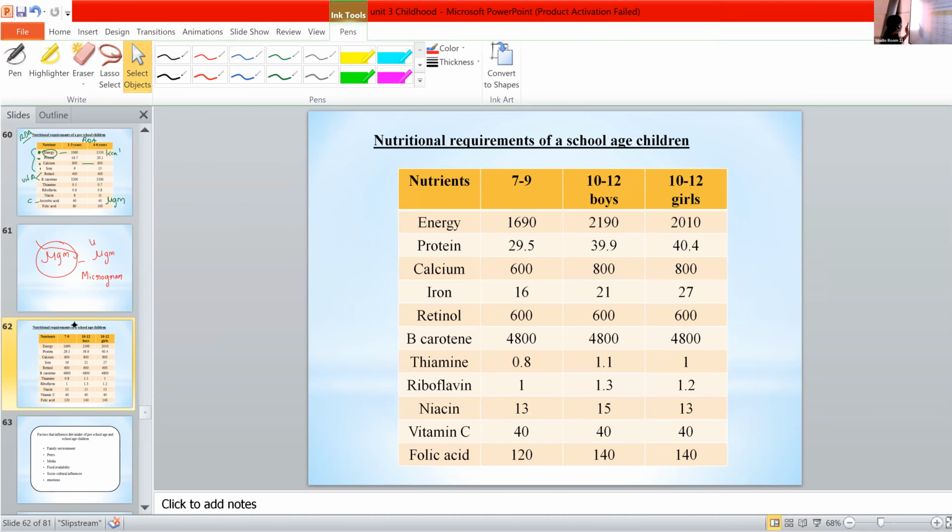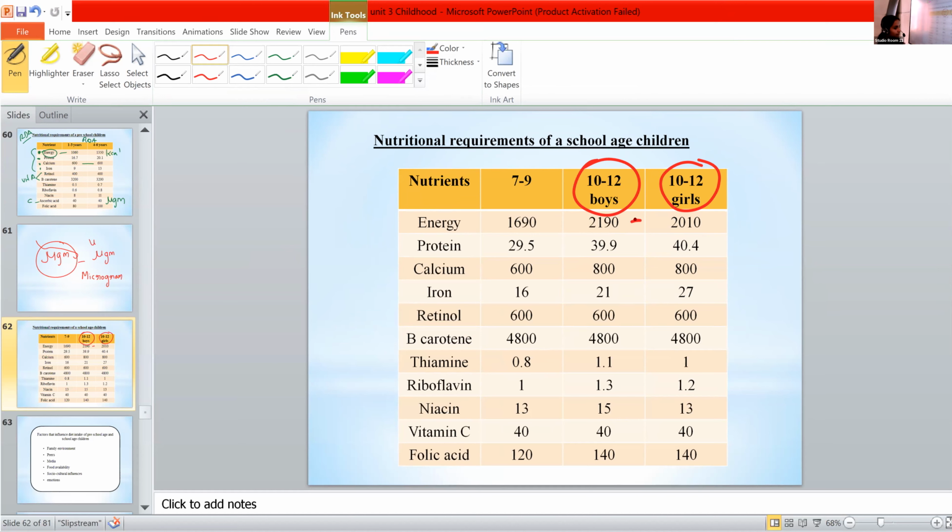Next is the RDA of school age children, school going children. Here you can see some gender differences, the boys and girls. The children between 10 to 12. The energy requirement of a boy between 10 to 12 years old is 2190.